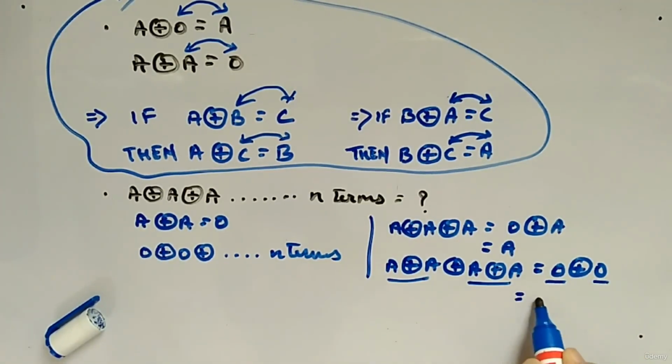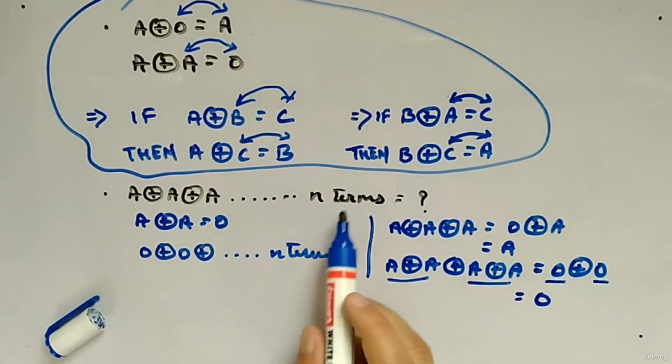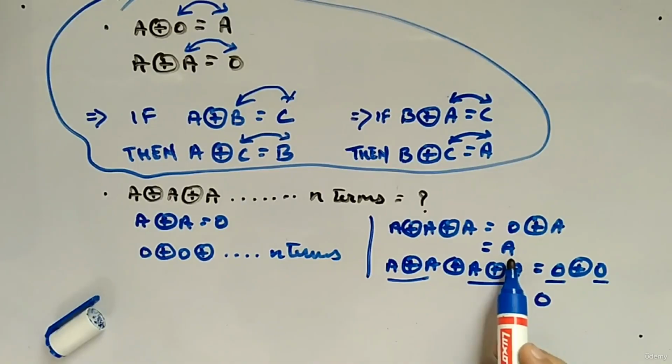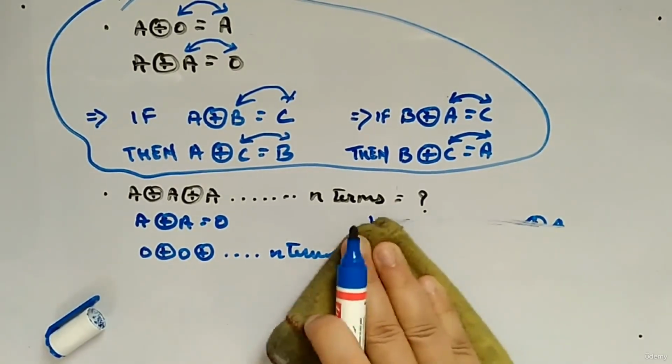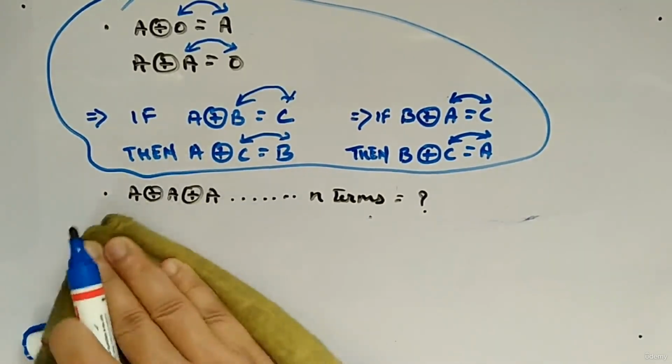So 0 XOR 0 will be 0 because it's an inequality detector. They are equal, hence the output is 0. So what I can conclude here is, if the number of terms is odd, the output will be A. If the number of terms is even, the output will be 0. Odd A, even 0.